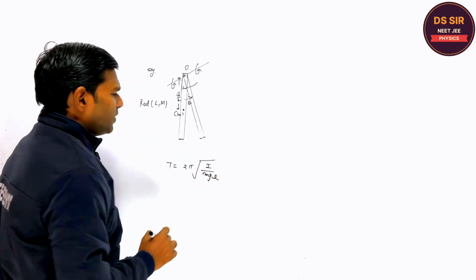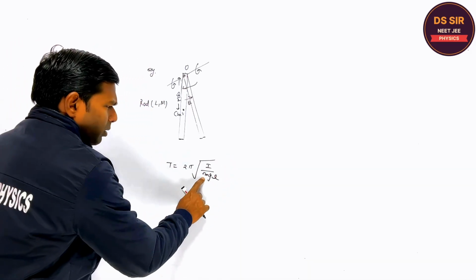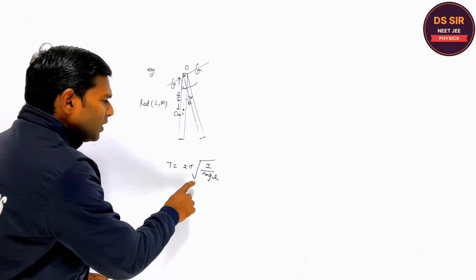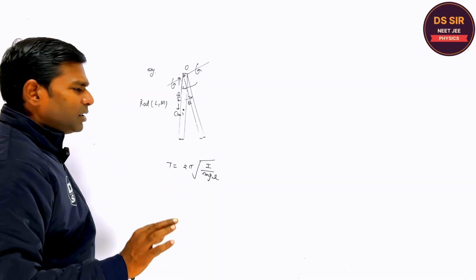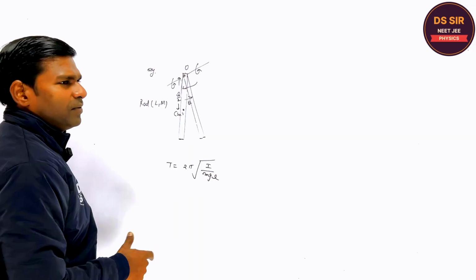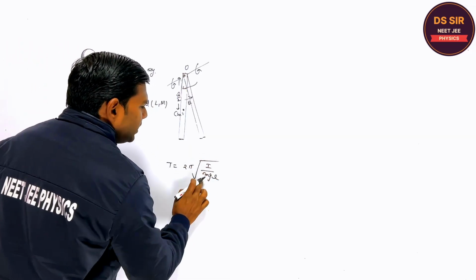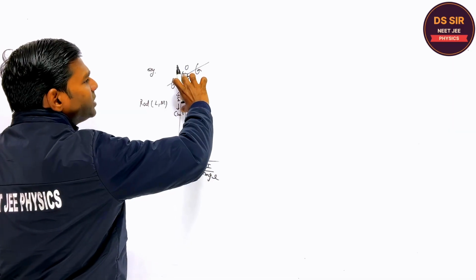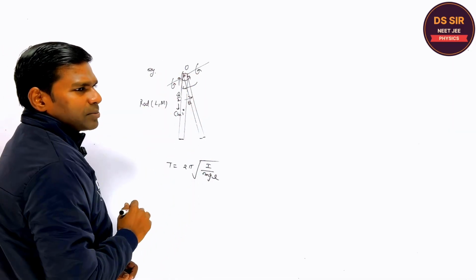You will remember the formula for the time period of a compound pendulum in this way, otherwise it is a little tough to remember in other forms. I is the moment of inertia about this axis, and L is the distance between the center of mass and the point of suspension.